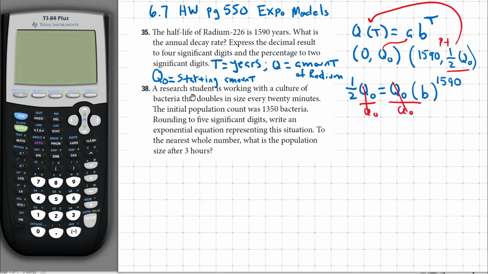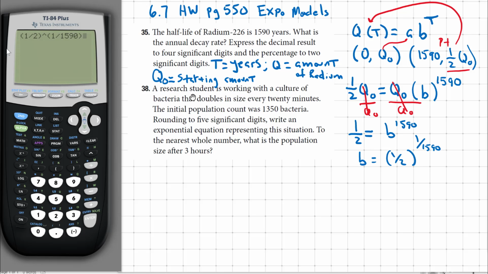It turns out that we don't need to know how much is the starting amount, because the equation simplifies without it. And now I can solve for B. So B is going to equal 1/2. I have to do 1 over 1,590 as my power on both sides.